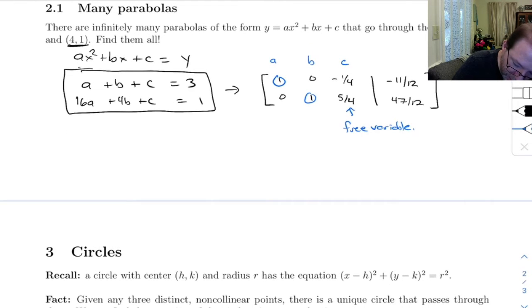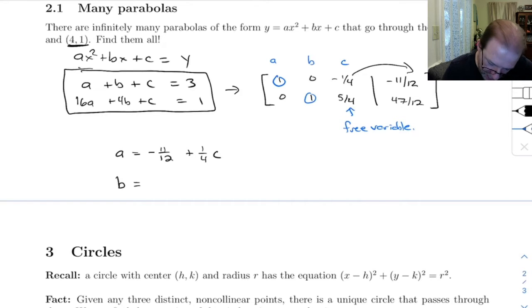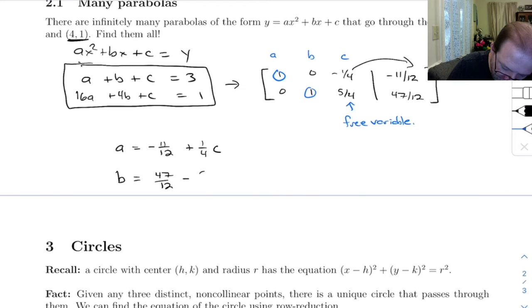This top equation, I can rewrite it as A equals negative 11 over 12, and then I'm going to move this to the other side, so I get plus 1/4 C. And B, the second line is going to give me B equals 47 over 12 minus 5/4 C.